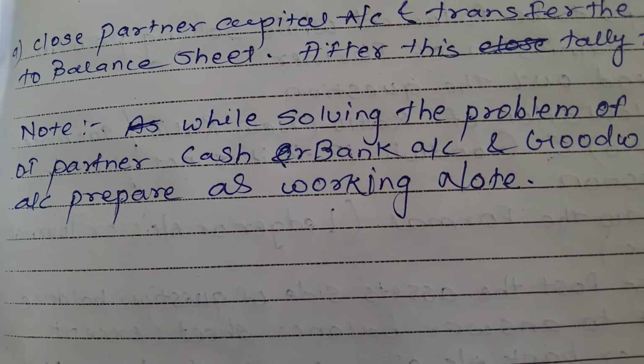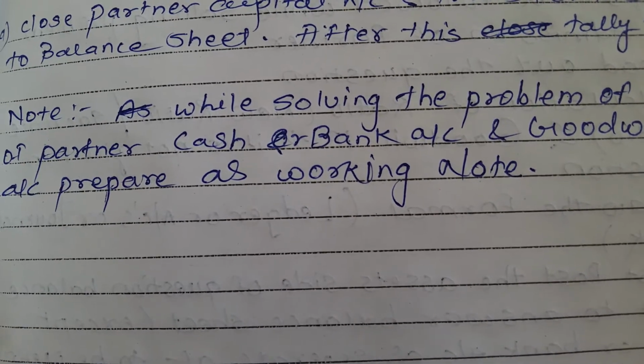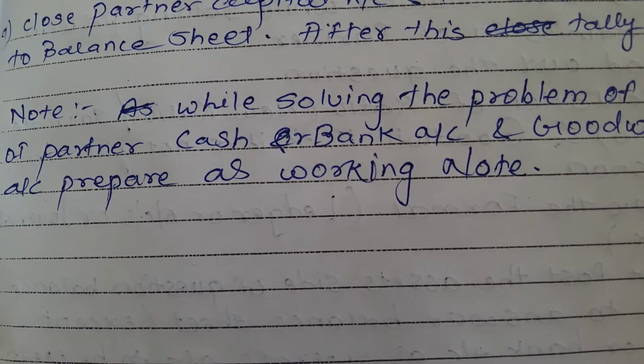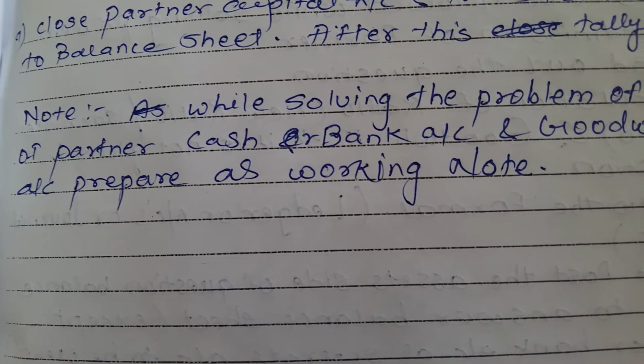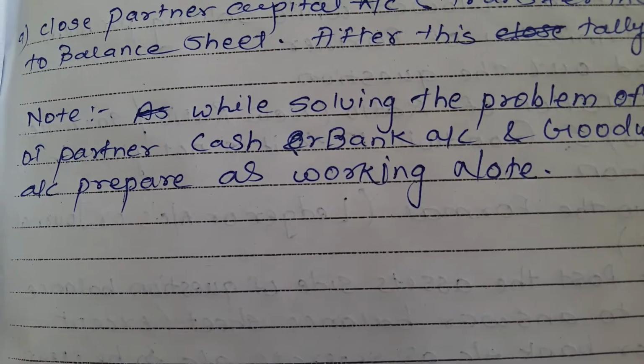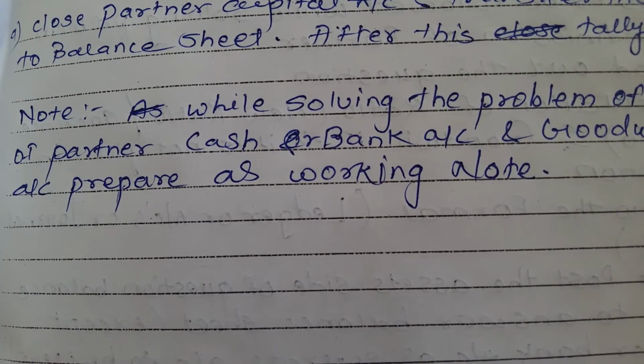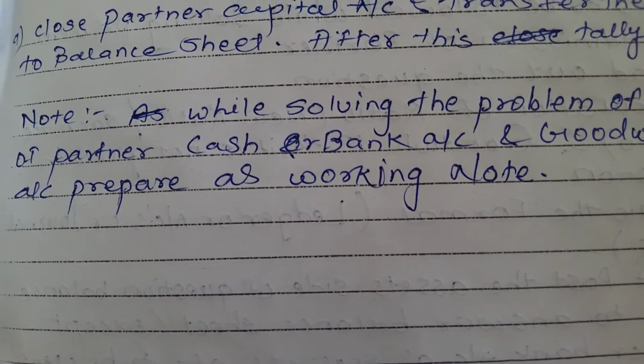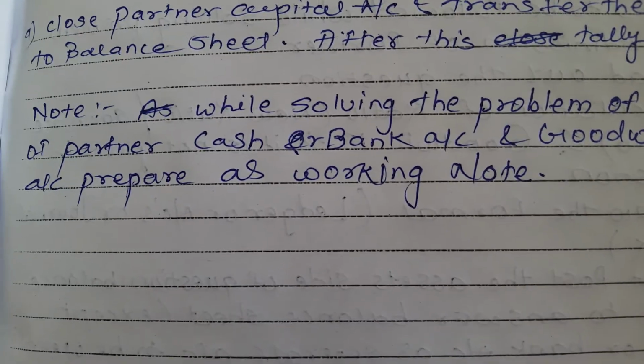Keep in mind that there are no marks for working notes as you are solving the whole question, and if any one entry is a mistake in the answer and the working note is proper, you will not get the marks.